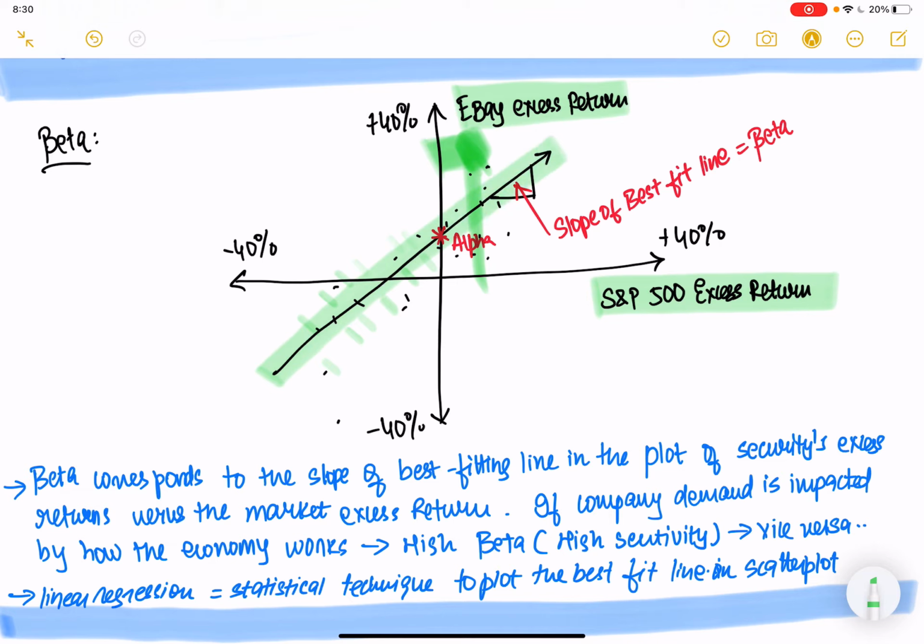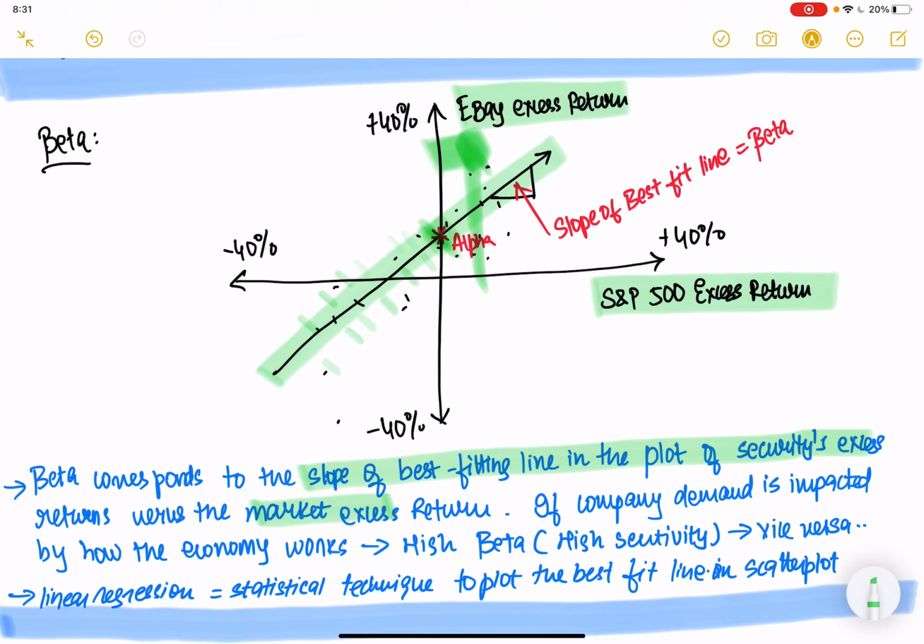When you get this line, the y-intercept is the alpha, and the slope of this line is beta. So beta is basically the slope of the best fitting line for the excess return for a given security versus the market return. The way to think about this is how volatile is this undiversifiable market risk of the company.